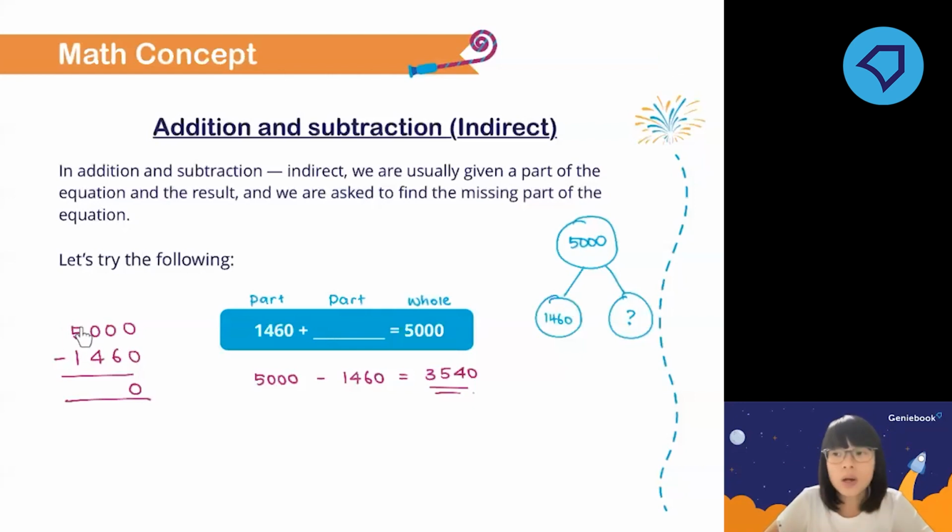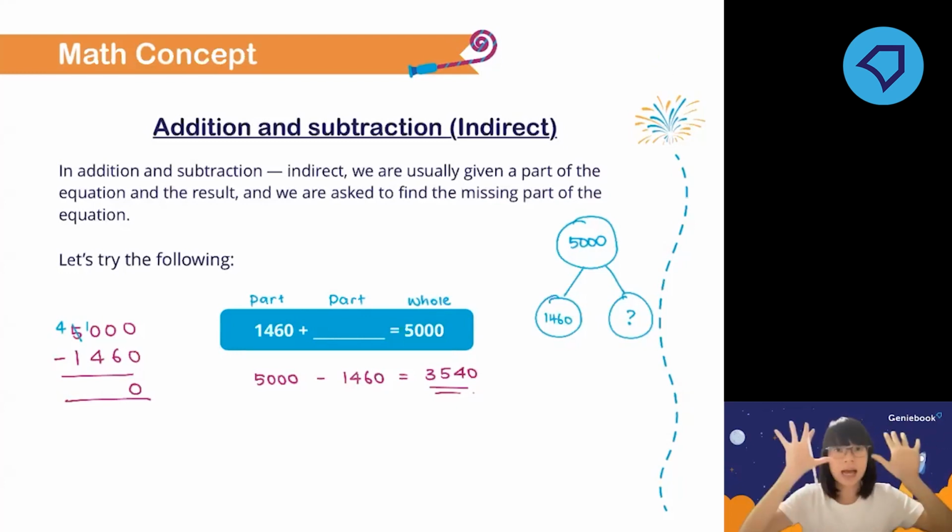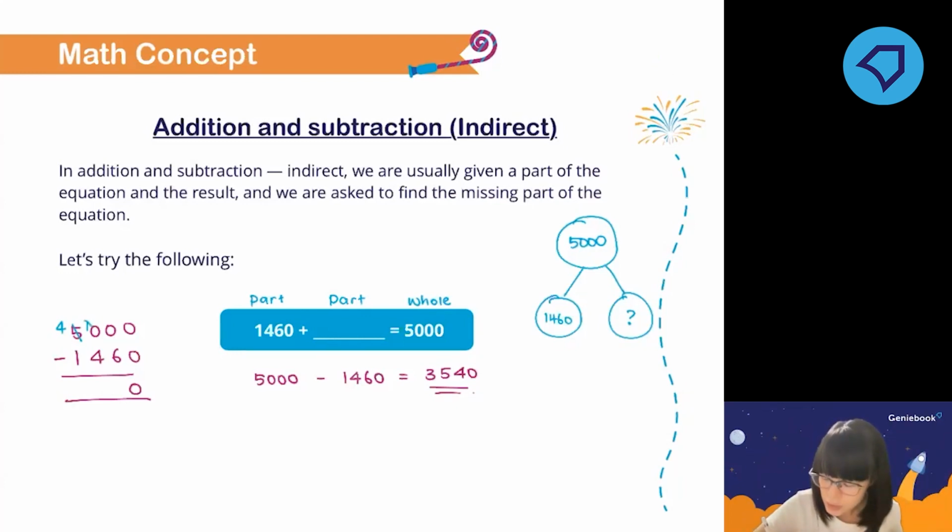So this one no longer remains as 5. We are going to borrow 1,000 from 5,000, right? So over here, it becomes 4,000. You're going to regroup it into 10 hundreds. Now the tens place can borrow from your hundreds place because now in the hundreds place I have 10. So let's regroup 10 hundreds to become 9 hundreds, and then we will have 10 tens. So then you can do your subtraction.